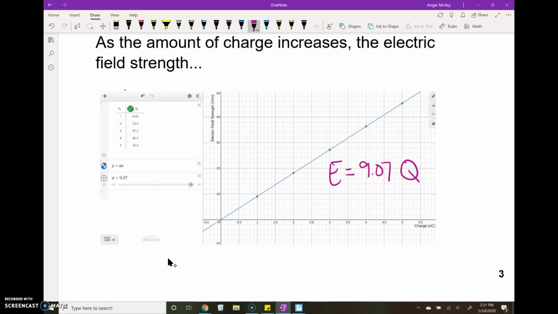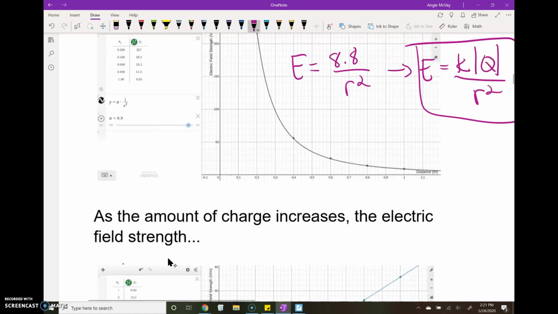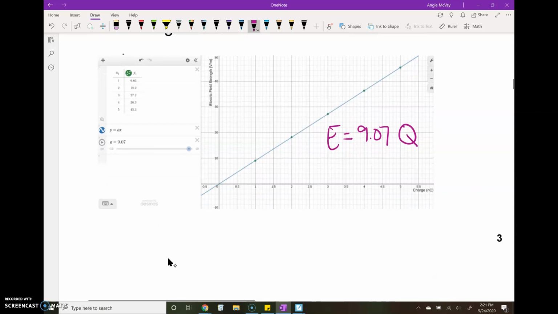According to our relationship that was up here, what would that 9.07 represent? Well, electric field strength equals k times Q over r squared, right? So here we can see that the electric field strength and charge are directly proportional. Here the constant would be Coulomb's constant over r squared, is what it should be.